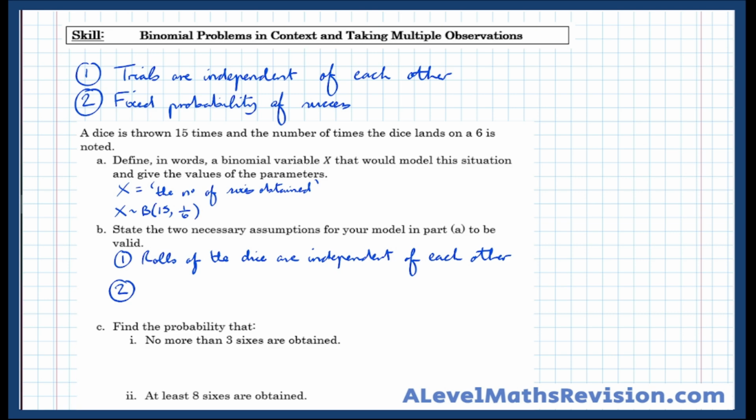We need to put that in the context of the question again. So a fixed probability of rolling a 6. They're the two assumptions we make to make sure that the binomial distribution is applicable.